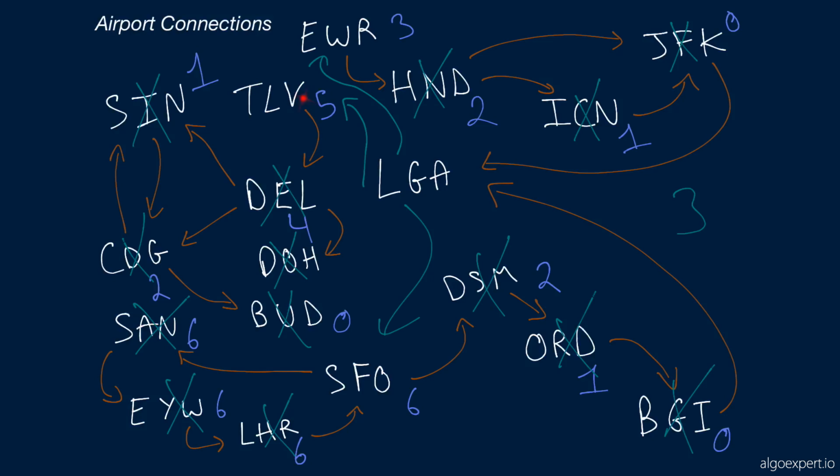Because when we went to TLV, for instance, and gave it a score of 5, we had to use depth-first search to go through all of its connections, there's only del, then go through all of del's connections, sin, CDG, do, then go through all of these airports' connections, so for CDG, sin, bud, for sin, CDG, and we had to mark things as visited to not double count them, and so on and so forth.